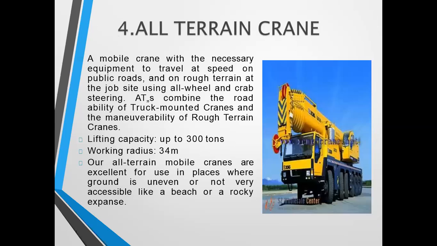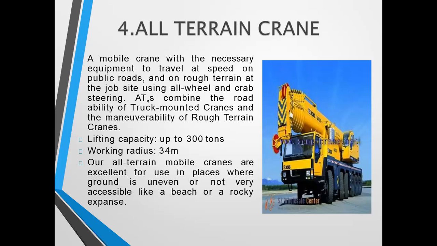The next type of crane is the all terrain crane. It is a mobile crane with the necessary equipment to travel at speed on public roads and on rough terrain at the job site using all wheels and crab steering.